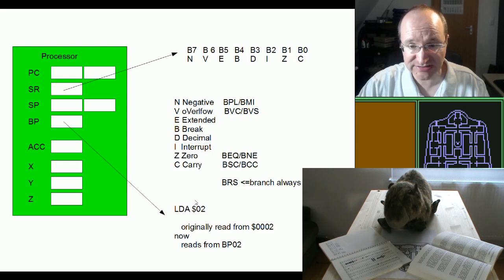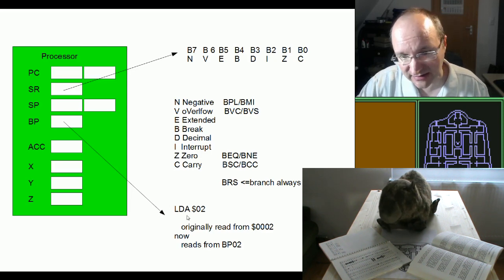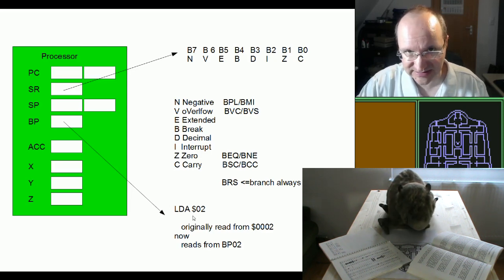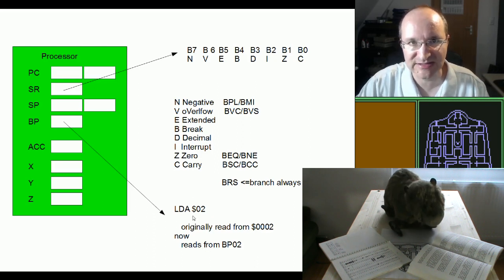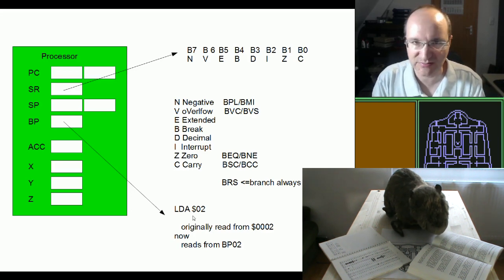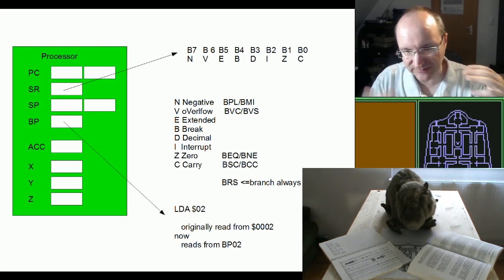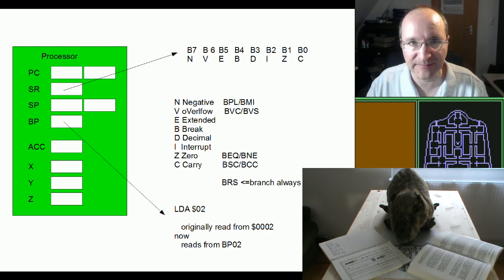And the 0 page is the 0 page because the higher part of the address, so the higher 8-bit part of the address, is always 0. That's why it's the 0 page, and that's why it's the very first page in the memory.